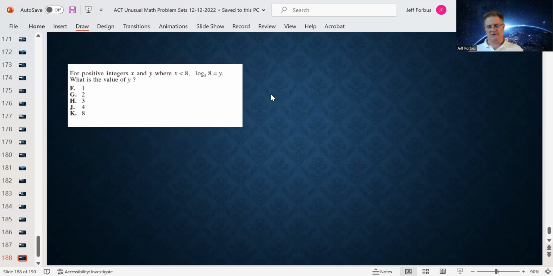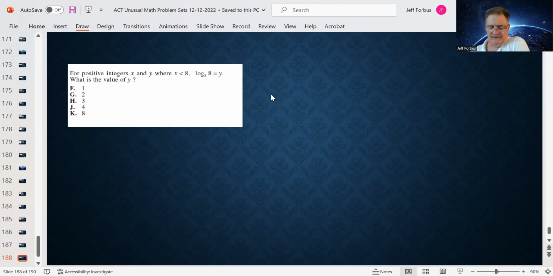Okay, so this one. It's a log problem. Well, you know, logs are easy, just convert them to exponentials. So for positive integers x and y, where x is less than 8, the log base x of 8 is equal to y.